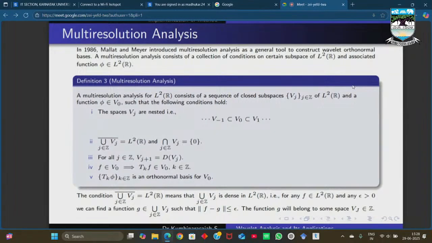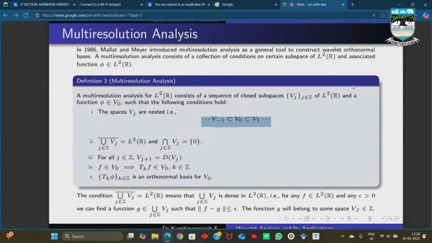Here is the definition of multi-resolution analysis. A multi-resolution analysis for a Hilbert space consists of a sequence of closed subspaces, let's say Vj, in the Hilbert space, and a function phi belonging to V0, such that the following conditions hold. What is the first condition? The subspaces created are going to be nested.